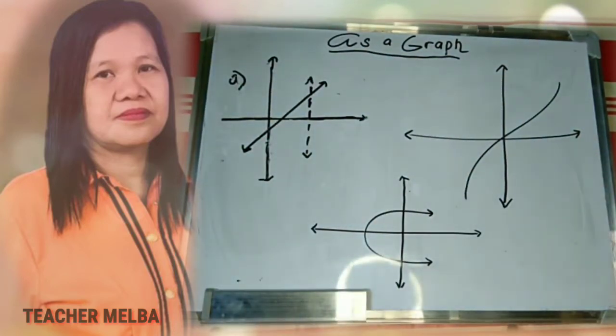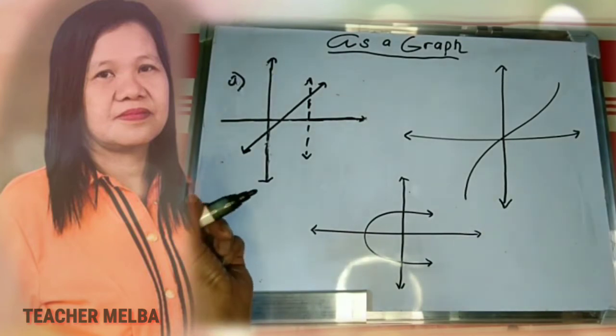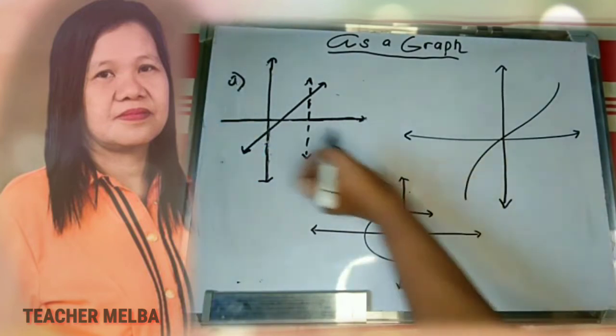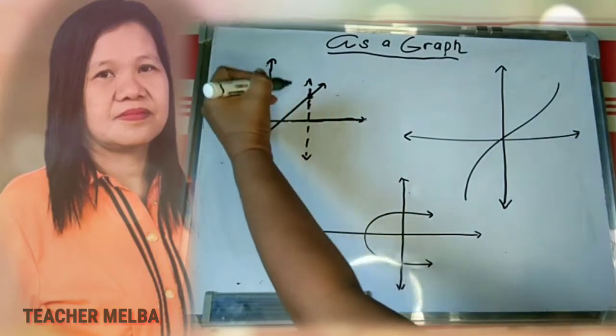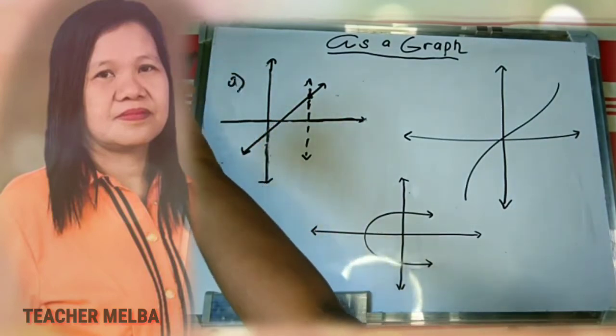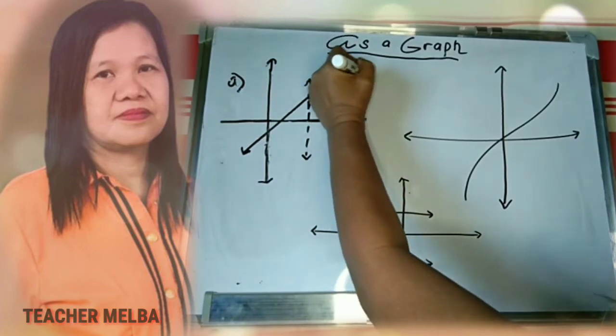On graph A, it is a function because after drawing a vertical line, this vertical line intersects the graph at one point. So therefore, this is a function.